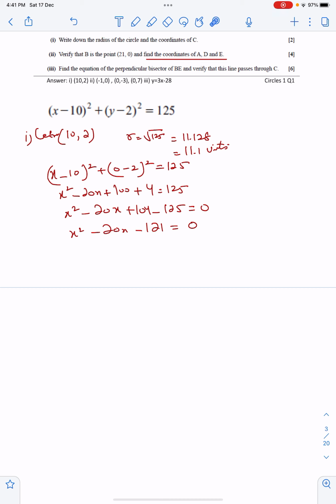Now I can solve this quadratic equation and get the values of x, the x-intercepts of the curve. Let me solve it here. a is 1, b is negative 20, c is negative 121.